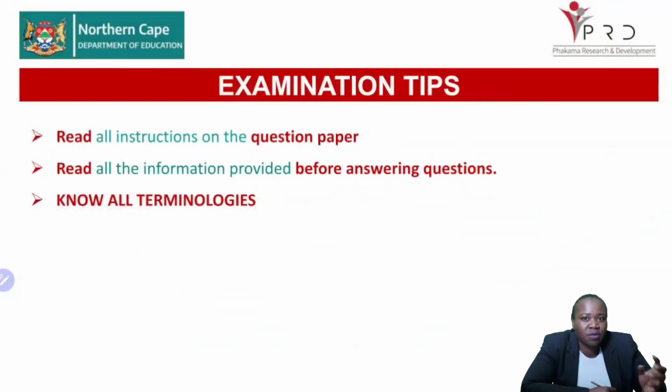That information that is provided is very important because you're going to get certain tips and guide on things that you would be answering in the questions. So make sure that you go through that information. And lastly, make sure that you know all your terminologies. Terminologies are very important for both section A and section B.